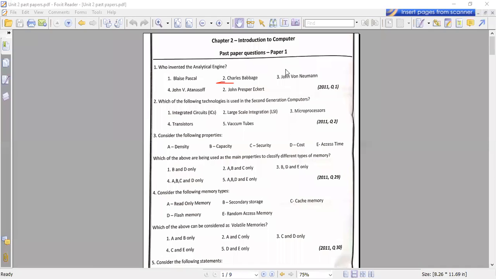You all have put the fourth answer. We'll see which of the following technologies is used in the second generation. So check, second generation uses transistors. That is also correct.